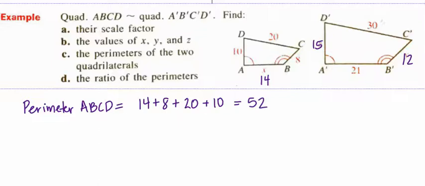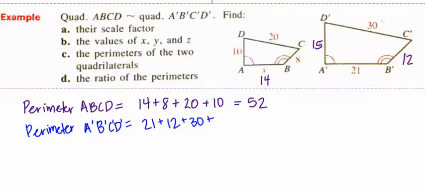We'll find the perimeter of A prime, B prime, C prime, D prime. And it is equal to 21 plus 12 plus 30 plus 15. 30 plus 15 is 45. 45 plus 12 is 57. 57 plus 21, I believe, is 78.